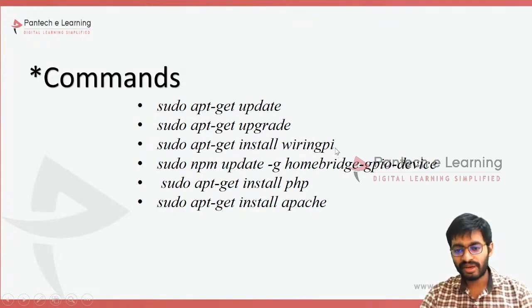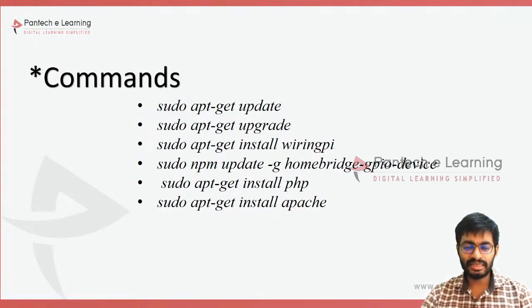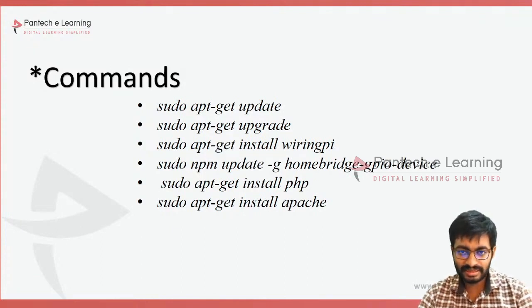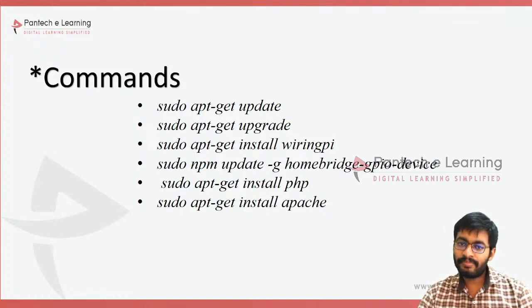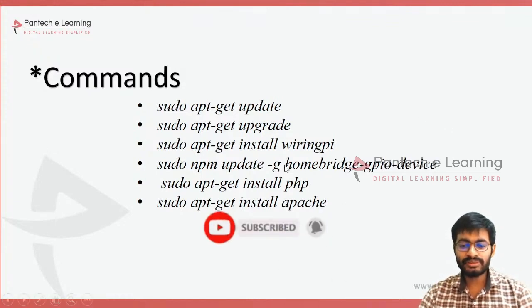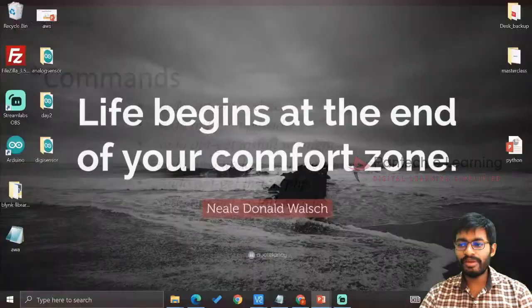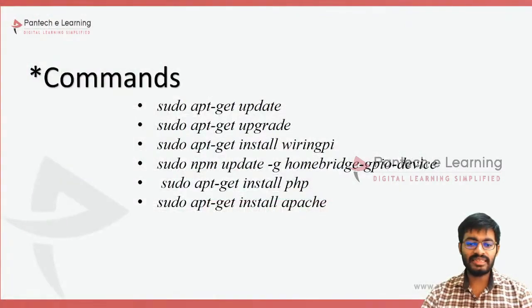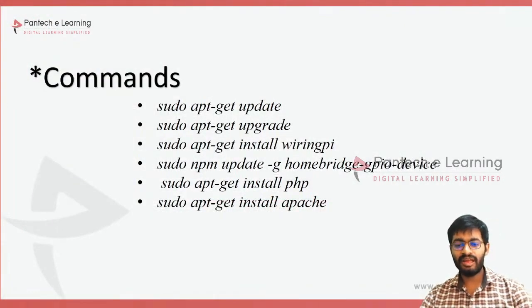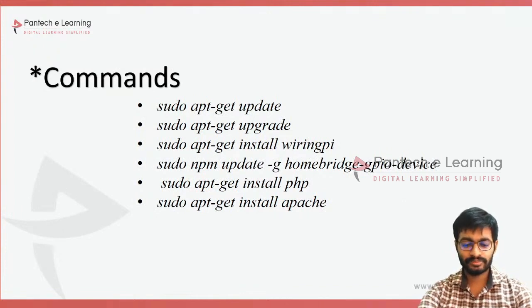With the help of that wiringpi only, we will be able to make the bridge connection with PHP. For that integration, wiringpi is nothing but the GPIO, and PHP is nothing but the web page. So in between, we have to use Homebridge. From that Homebridge only, we will be able to install each and every kind of GPIO with PHP.